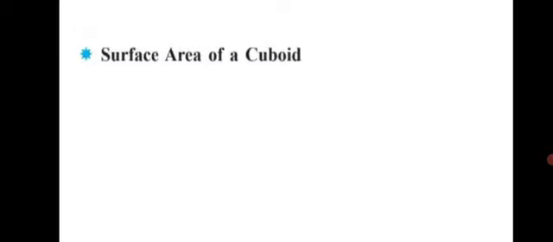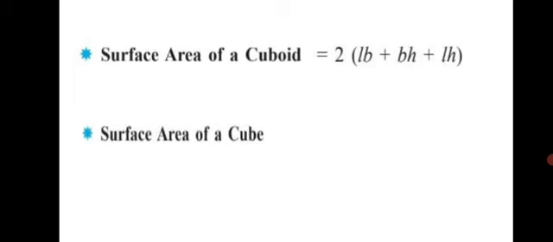Surface area of a cuboid is equal to twice the length into breadth plus breadth into height plus length into height. And the second formula, surface area of a cube is equal to 6 into side square or 6 into L square, where L is the side of the cube.